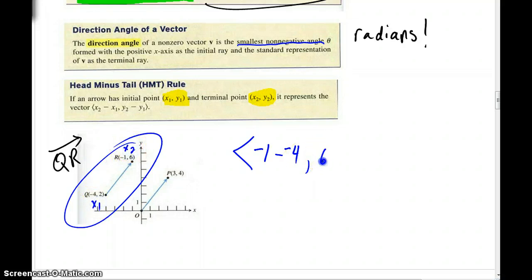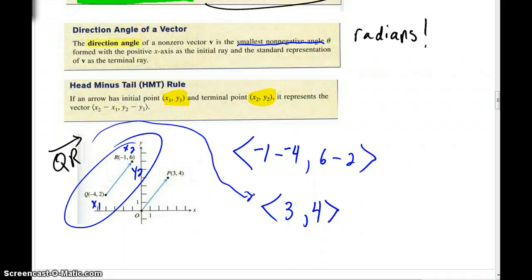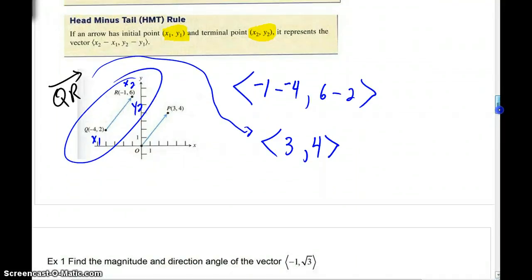And then you'd have y2, which would be your 6, minus y1, which is 2. -1 minus -4, of course, would be a 3. 6 minus 2 would be 4. So the head minus tail rule would say that vector QR would be equivalent to the vector 3, 4. These vectors are parallel, and they will be going in the same direction, and of course they'll have the same magnitude. And we're going to prefer to have our vectors starting from the origin.